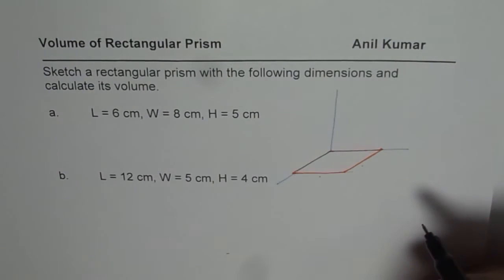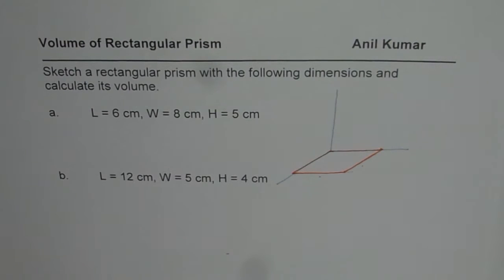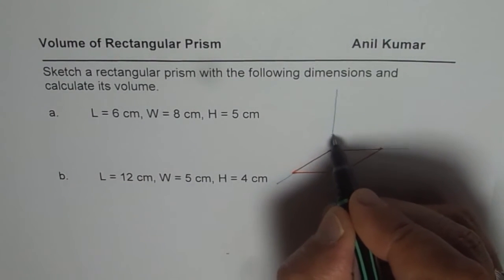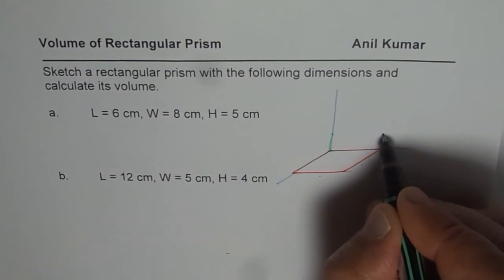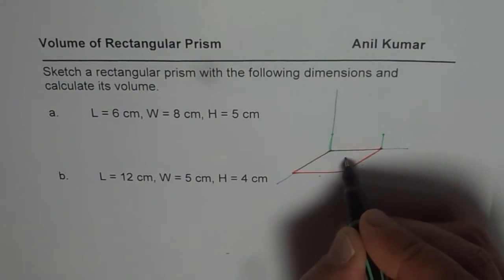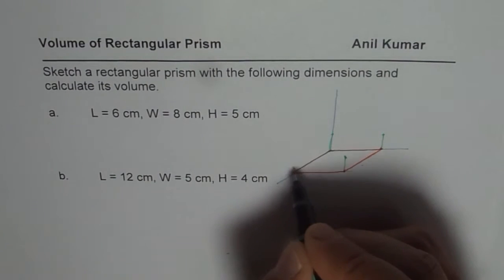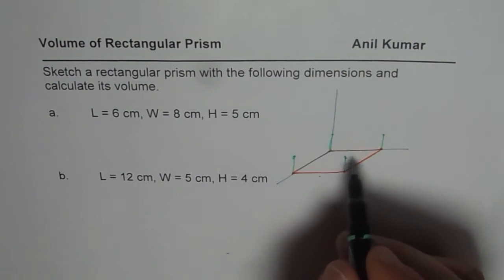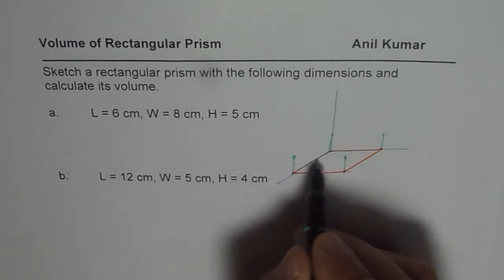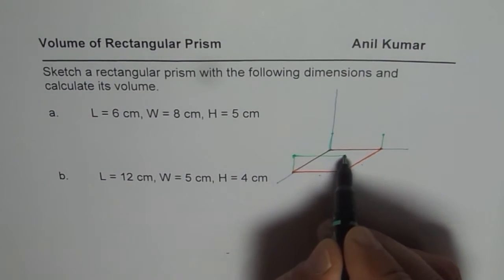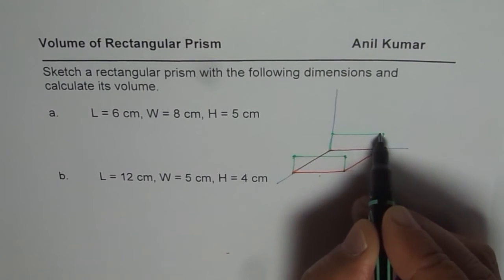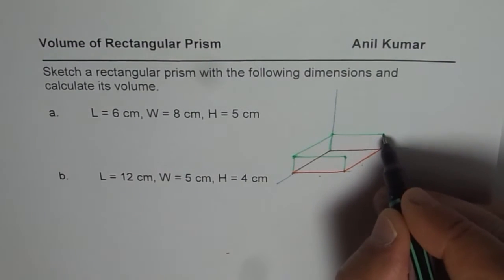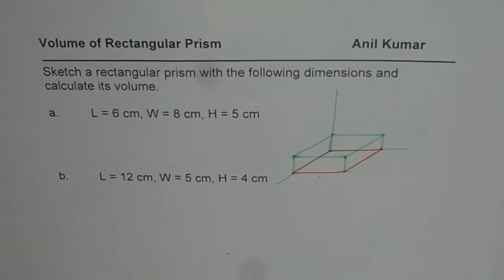Now we'll make the height of this. Let me use another ink for height. Everywhere 5, so just make a height like this for 5 units. So that is the height of 5 units. If you have your scale perfect, say 5 centimeters, you'll get excellent diagrams. Now join these points with straight lines.